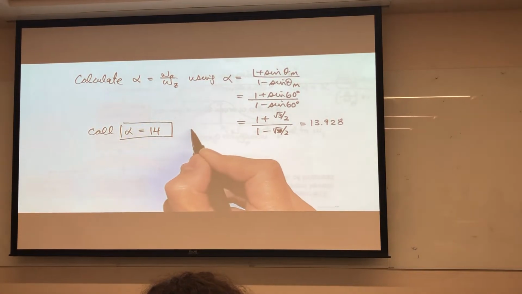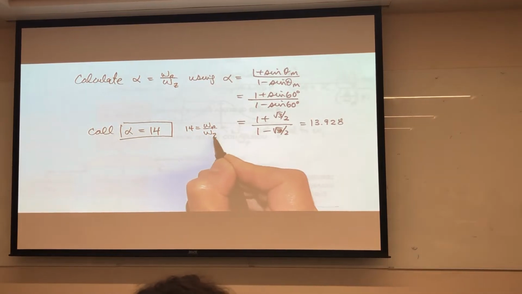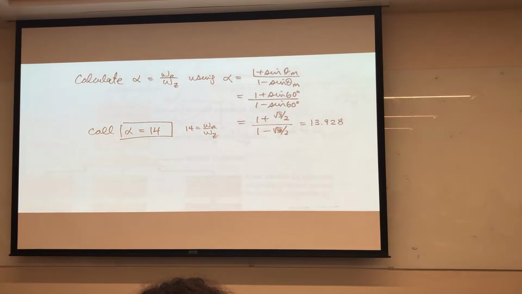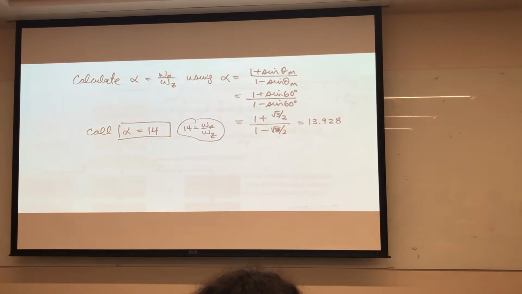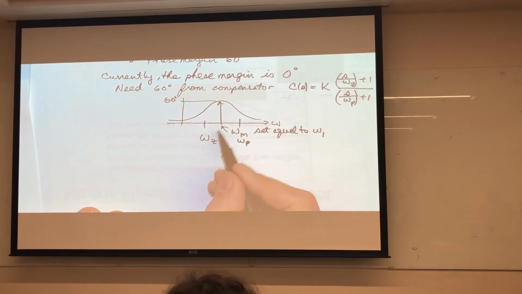So now I know the ratio. I have one equation that says 14 is equal to omega p over omega z. But I have two unknowns, so I need another equation. I need to put the peak in the right place.